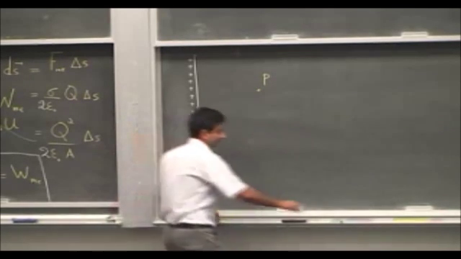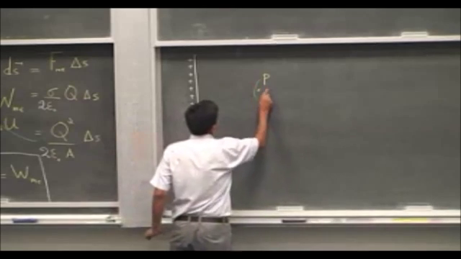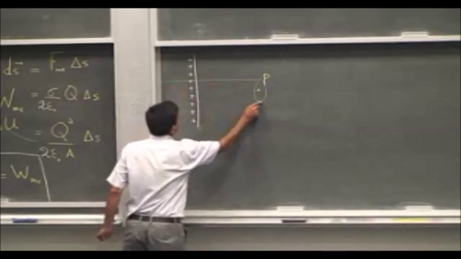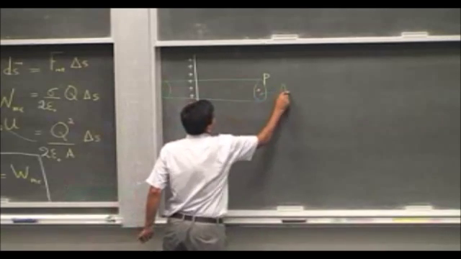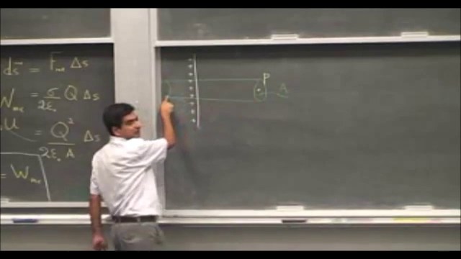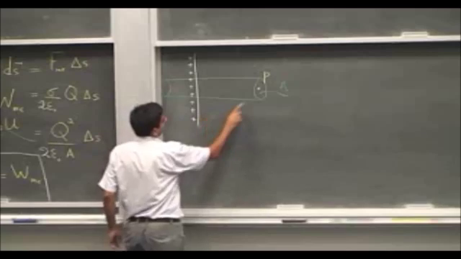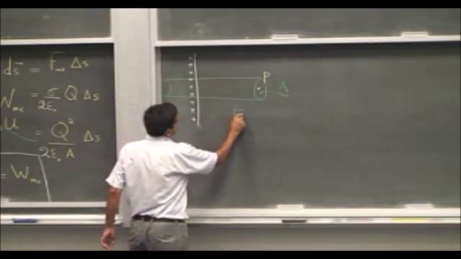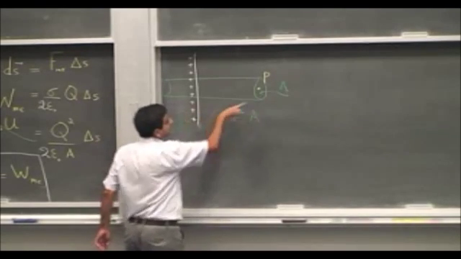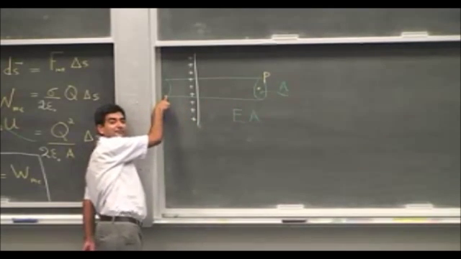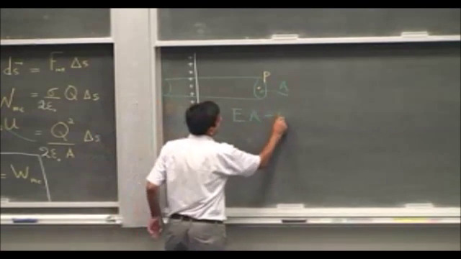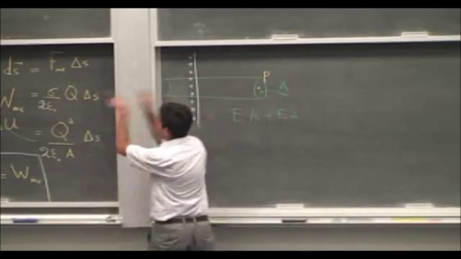Use Gauss's law. I draw a cylinder that extends to both sides. This area is A. The electric field here will be equal to the electric field here. So the electric field here is E multiplied by A. This is the flux passing through this surface. The electric field here is also E. And the area vector is now pointing in the opposite direction.